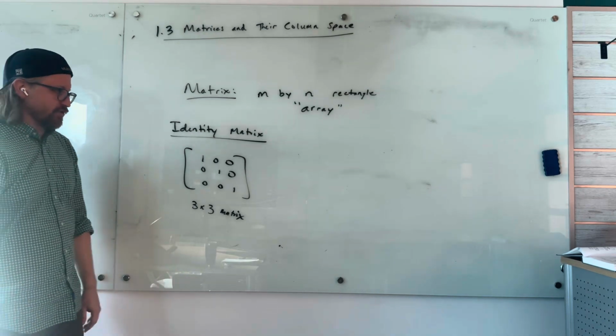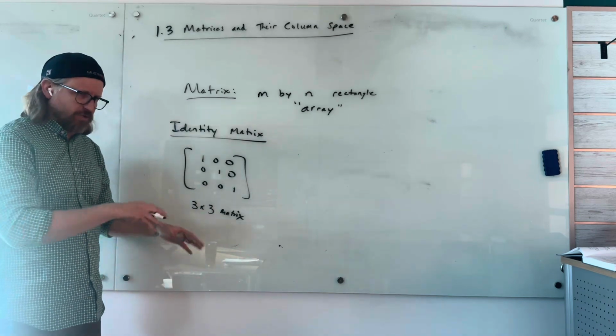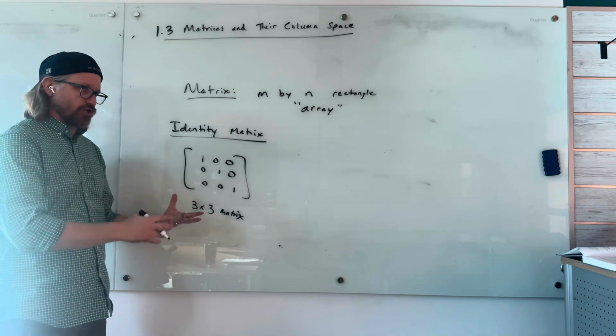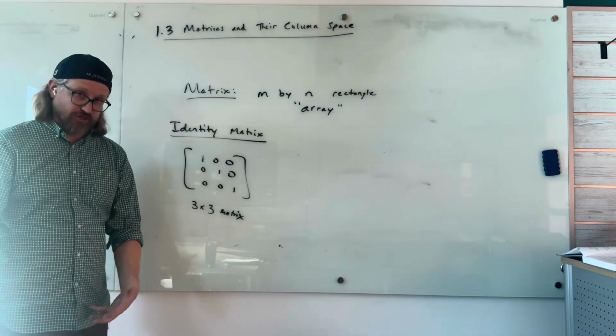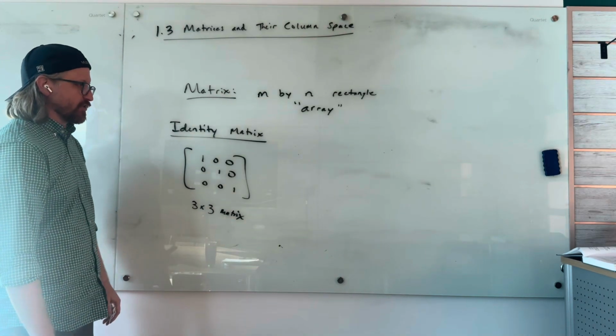We're going to learn a couple of really important relationships with the identity matrix later, and this is ultimately going to be one of our targets when we're reducing matrices, trying to solve equations, which we'll see in the next chapter. But this is an example of a matrix.